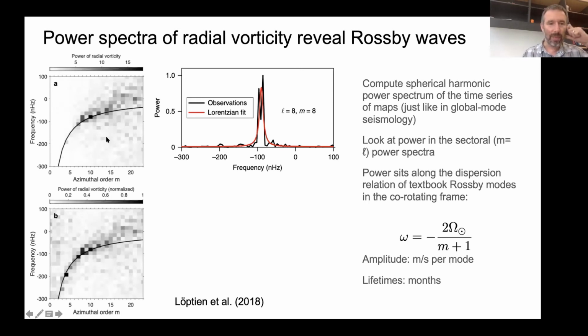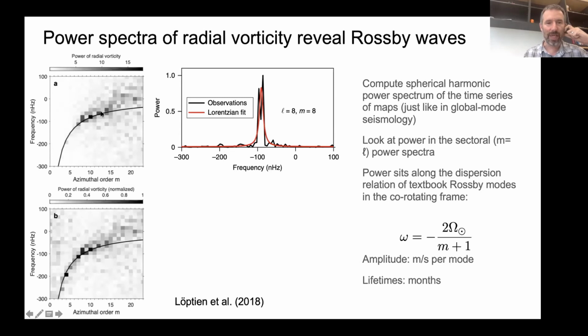So here we're looking at a power spectrum, just like we showed before for global modes. But now it's power spectra of radial vorticity. So the azimuthal order M is on the x-axis. The assumption here is that L equals M in this data analysis. And the y-axis is frequency. Black means high power and white means low power. These black curves show the dispersion.